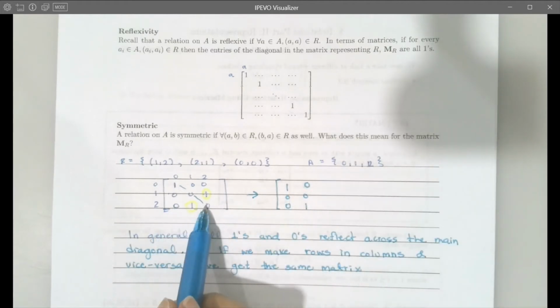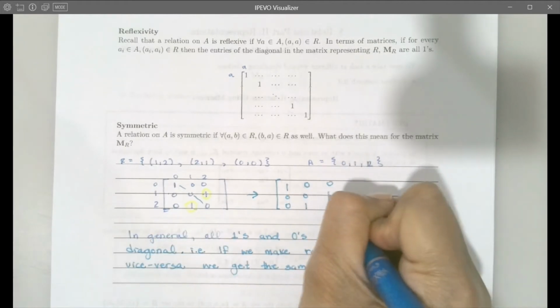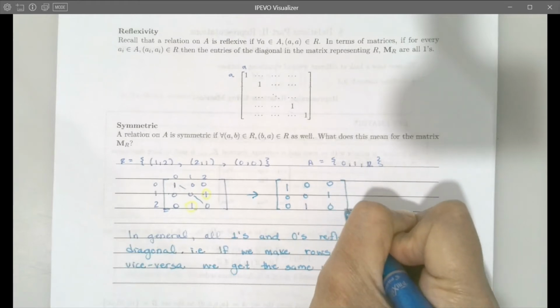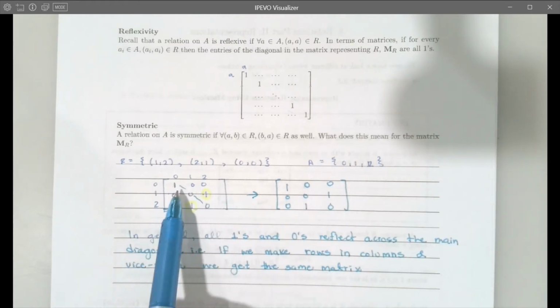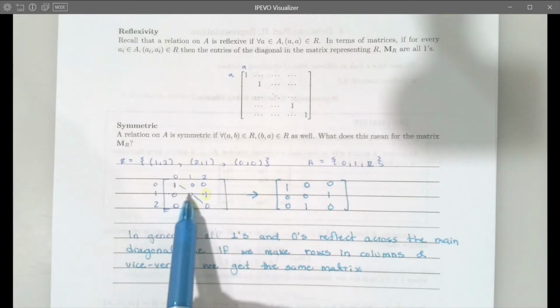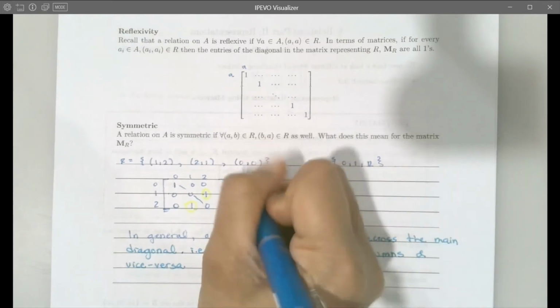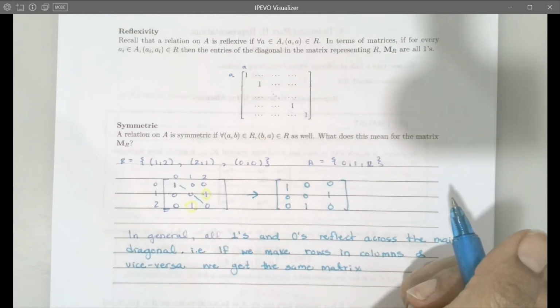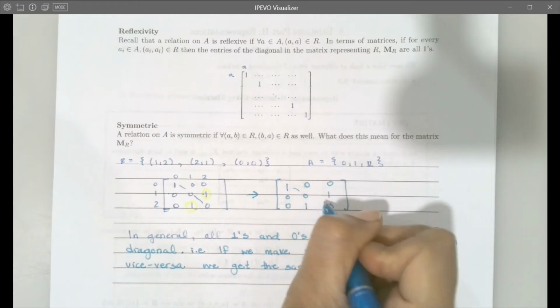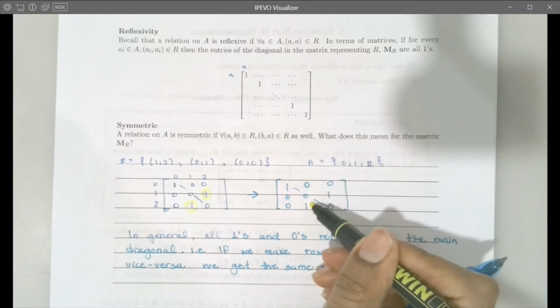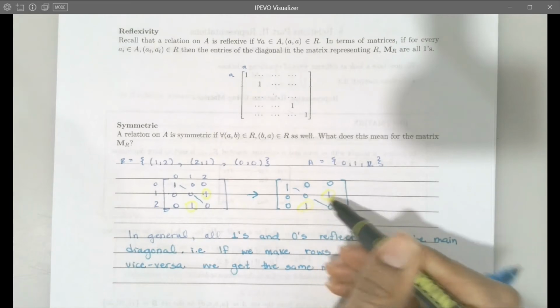And then this last row, which is a 0, 1, 0, make it into a column. And then notice we get exactly the same matrix back: 1, 0, 0, 0, 0, 1, 0, 1, 0. So these two are equal, which means that the relation is symmetric. And again, the reason why is because we simply see that these elements reflect about the diagonal.